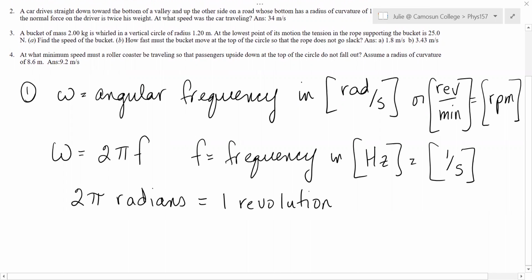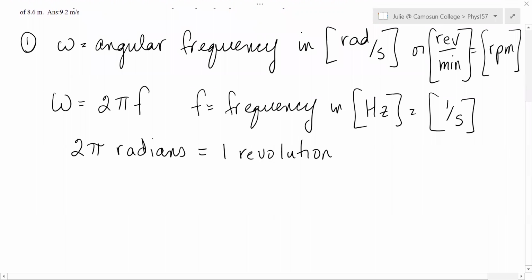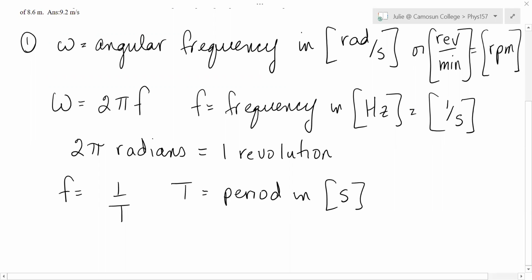Okay, so we can write the circular motion equations in terms of omega if we like. So the frequency is 1 over the period of any kind of circular motion or any kind of harmonic motion. So T is the period, and that would be in seconds. So that's the amount of time to go through 1 revolution.